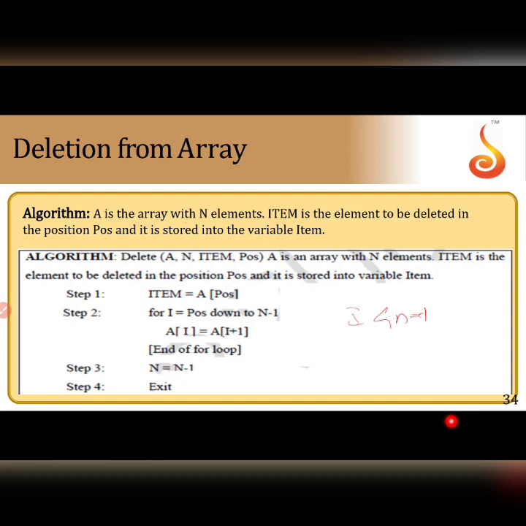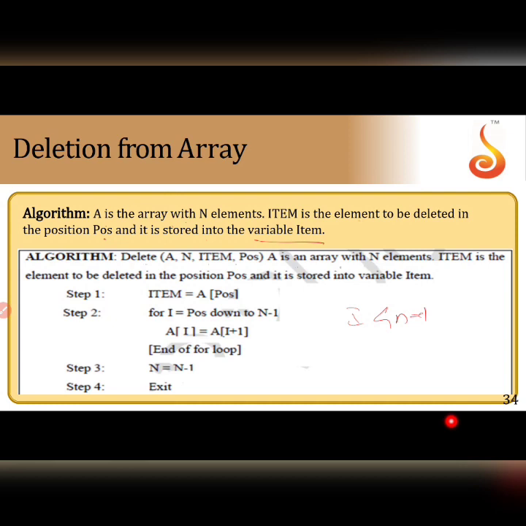A is an array with n elements. See, this is very important. Item is the element to be deleted in the position POS and is to be stored in a variable. In my program, I stored the deleted element in a variable called ELE. Same way here they have termed it as item. Delete A, n, item, pos.